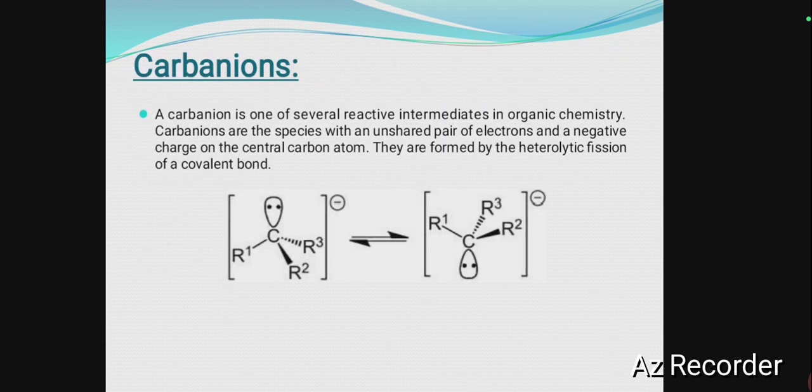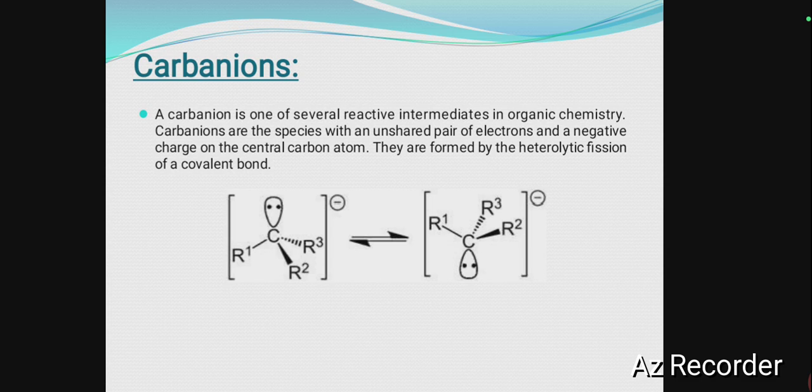What are these carbanions? The word itself indicates carbon anions, meaning a carbon atom bearing the negative charge. A carbanion is one of the several reactive intermediates in organic chemistry.